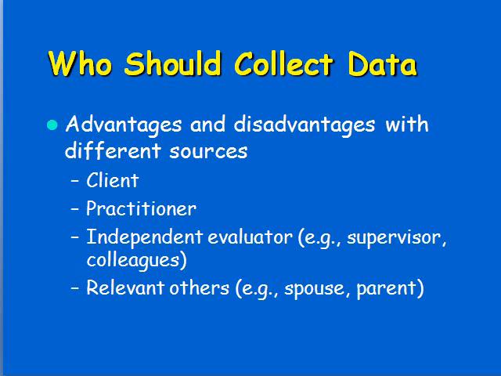So that's one disadvantage. There may be cases where the client is too young to provide information. Also, clients who are disabled or mentally challenged may not be able to provide the information you need.